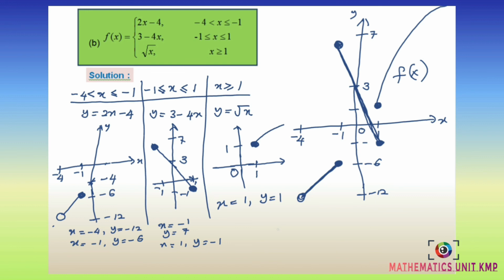Therefore, the domain of the function is from -4 to infinity. The graph is continuous to infinity.